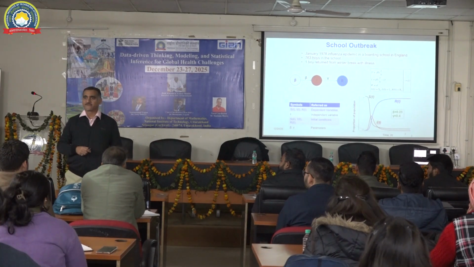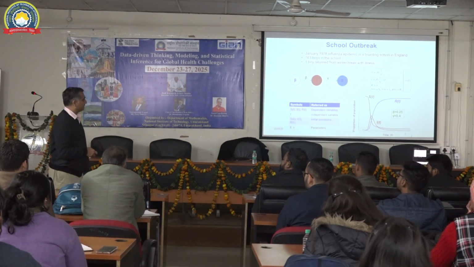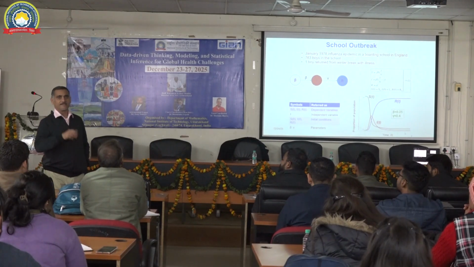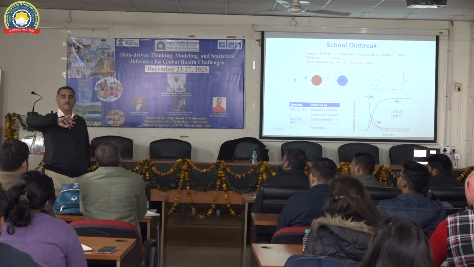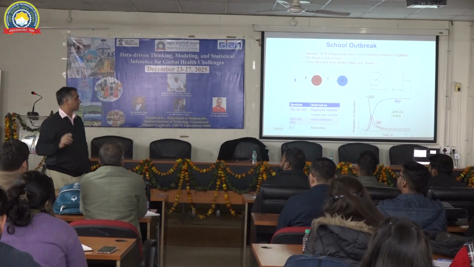It's very difficult to get data for the model. Why? Because if you are modeling, let's say, a whole nation, there are people moving out of the nation, and coming into the nation also. So you have to model immigration and emigration also, which is very challenging. It becomes very challenging to get the data on that.